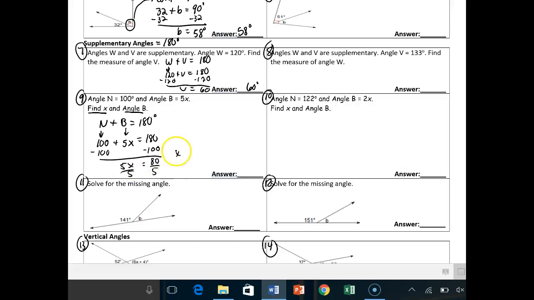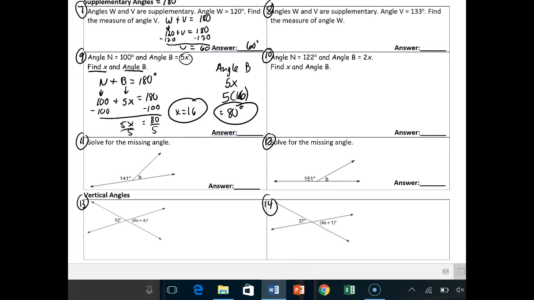And you get your first answer, which is x is 16. Now for angle B, the measure of angle B, you take its expression, 5x, and you plug in what x was. So it's not 5x, it's 5 times 16. Sorry. And 5 times 16 is 80 degrees. So your two answers are x is equal to 16 and angle B is 80 degrees.